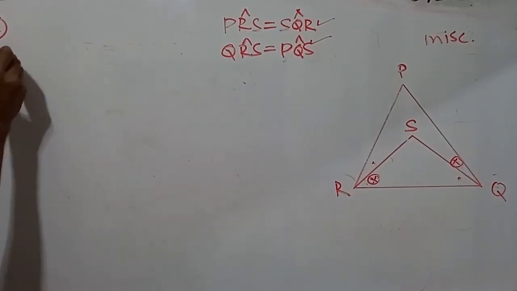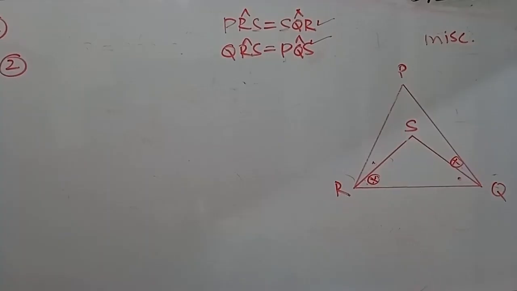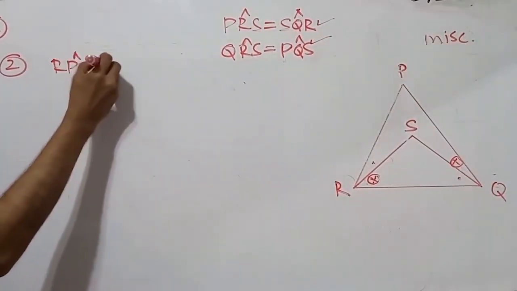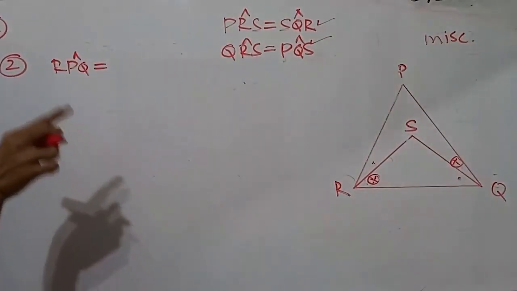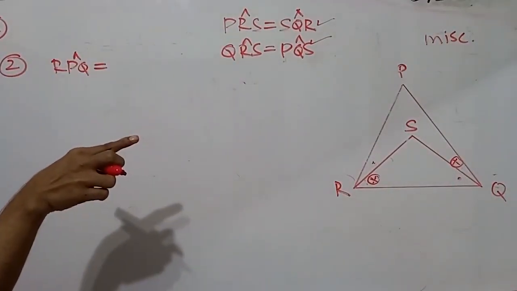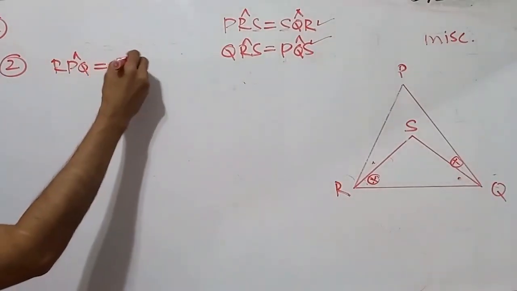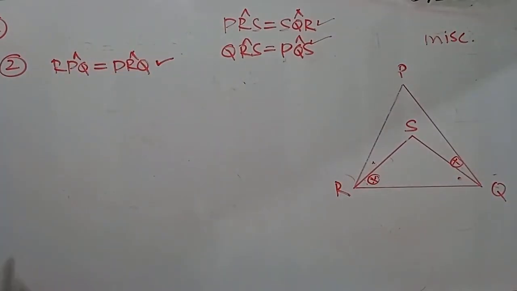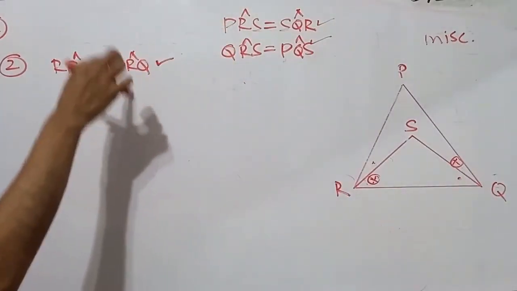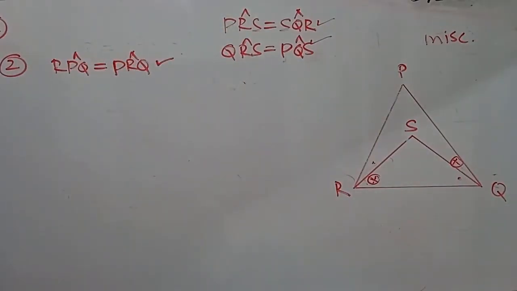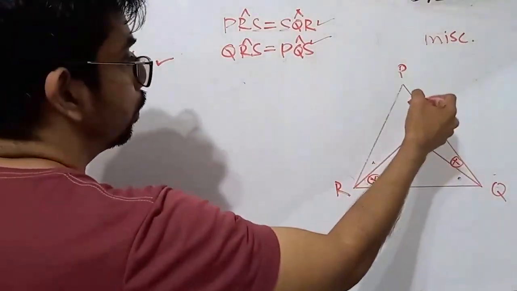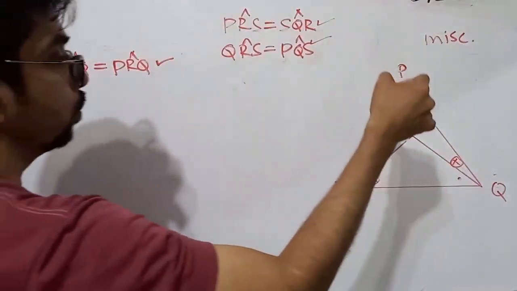Right, so now we will move to part 2. Show that if RPQ is equal to PRQ. So now RPQ is equal to PRQ. From this point, consider this. So here we have these three and also we proved on the first part, RPQ and PRQ.